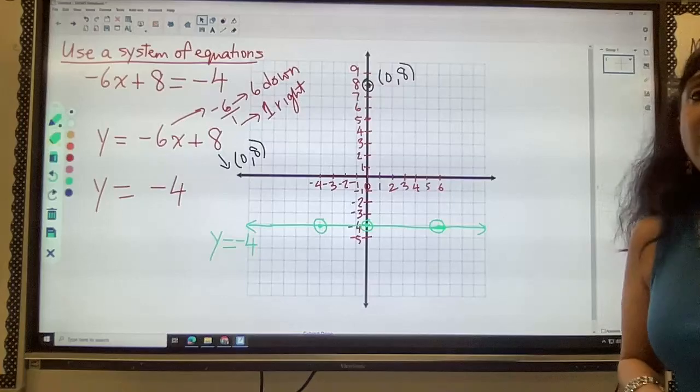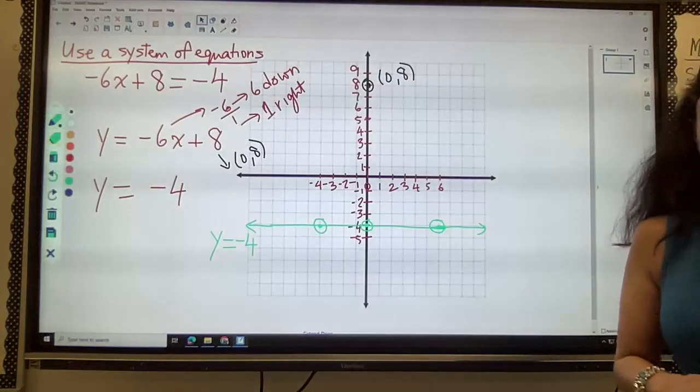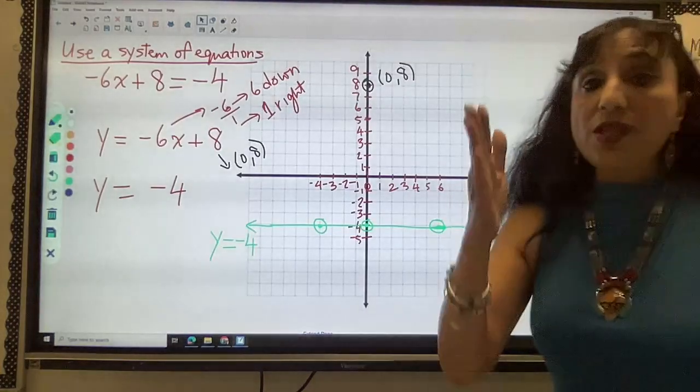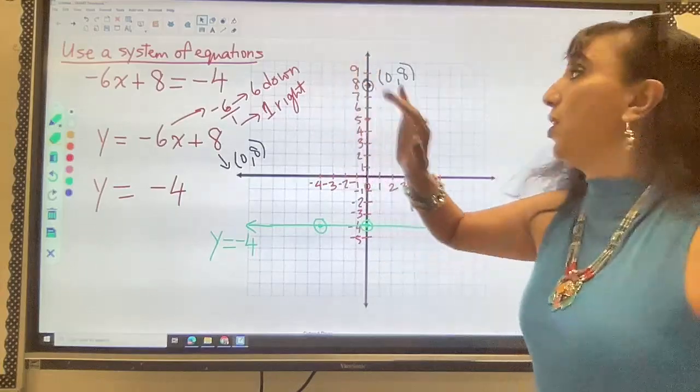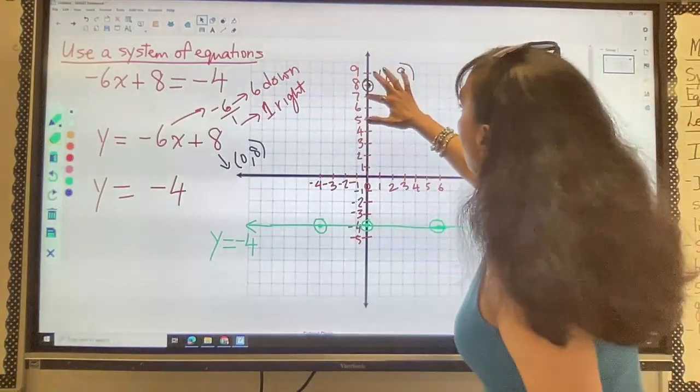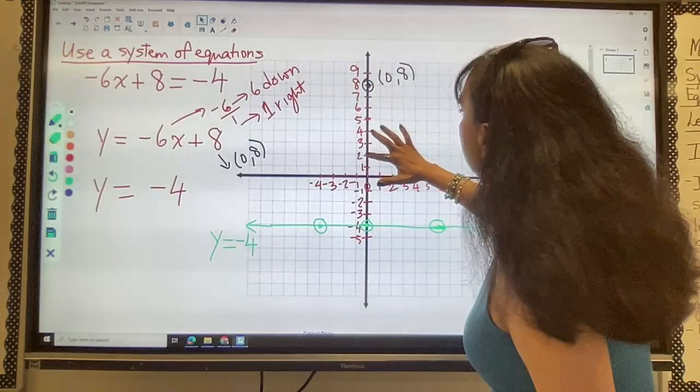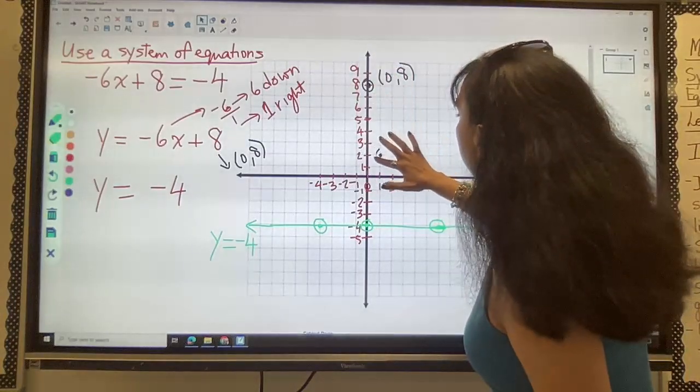Right? And then it is telling me that I am going down 6, 1 right, based on the slope that I have. Okay? So 1, 2, 3, 4, 5, 6, and 1 right.